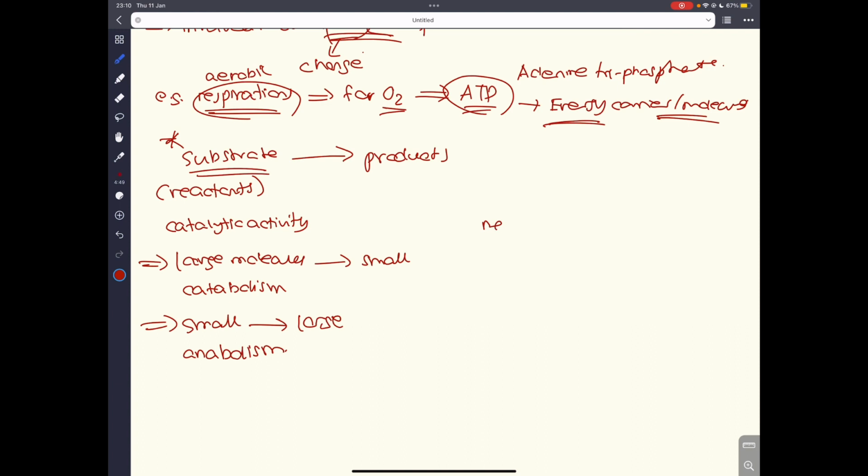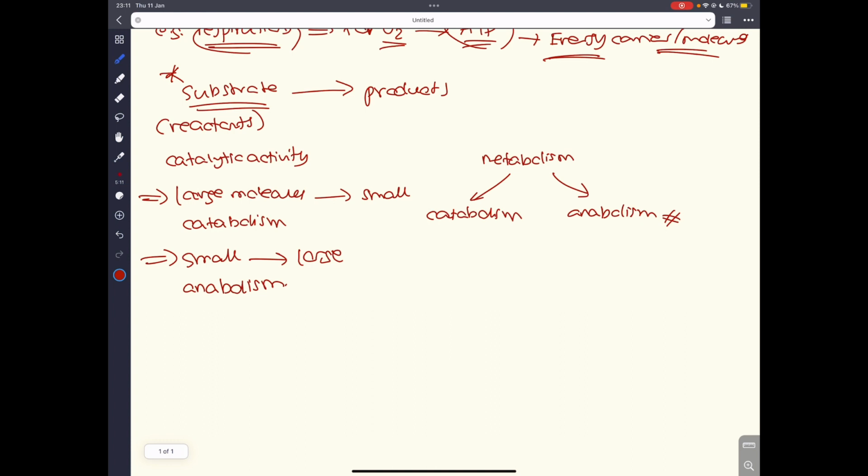So remember, in metabolism there are two types. If the enzyme breaks down from large to small, it is called catabolism. And if you build it up from small to large, it is called anabolism. This is not in your syllabus, however, you do have to understand that cata means break down, ana means to build up. Right. Okay.